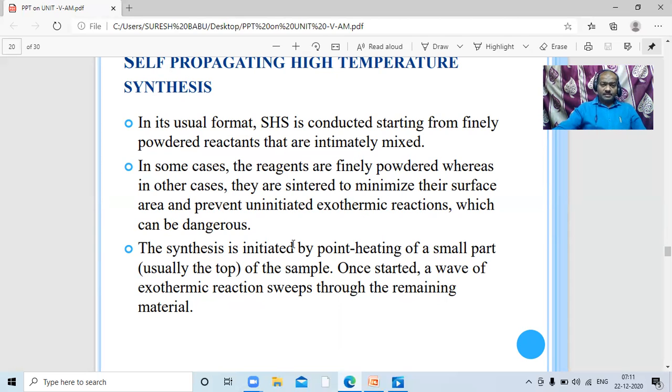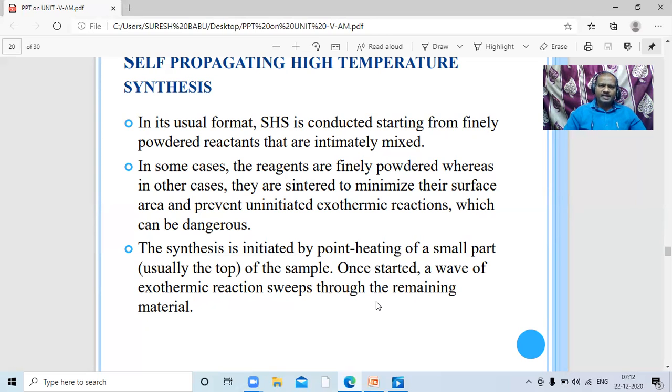The synthesis is initiated by point heating of a small part, usually at the top of the sample. Once started, a wave of exothermic reaction sweeps through the remaining material. That means it will pass from one end to the second end. This will happen in self-propagating high temperature synthesis.